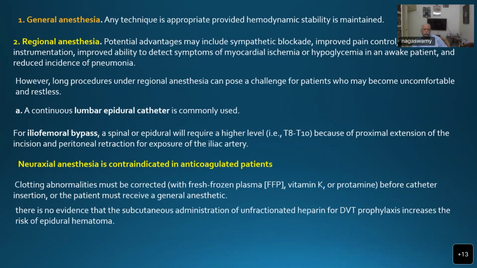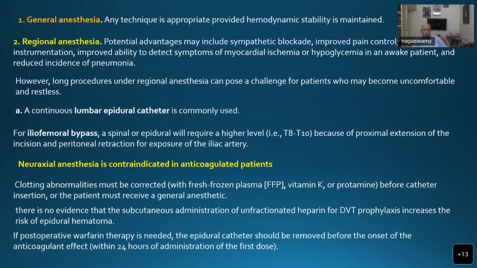There is no evidence that the subcutaneous administration of unfractionated heparin for DVT prophylaxis increases the risk of epidural hematoma. So patients who are on subcutaneous unfractionated heparin need not avoid epidural placement.